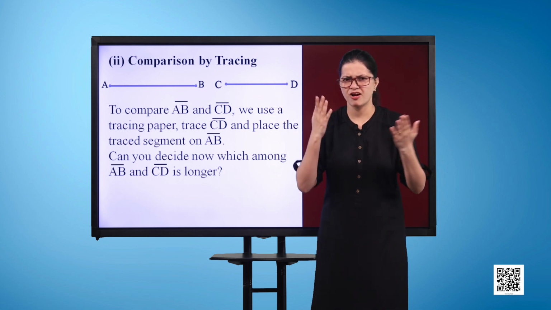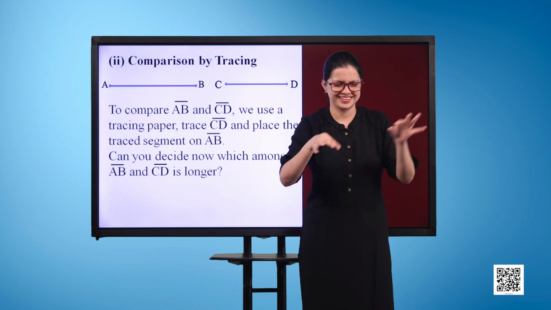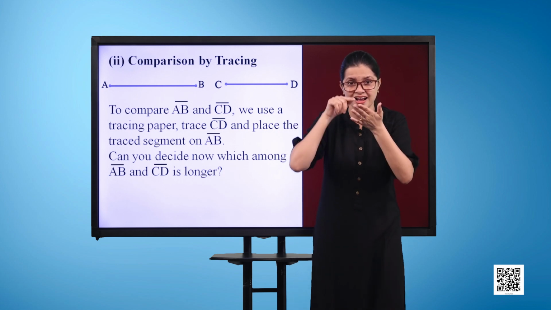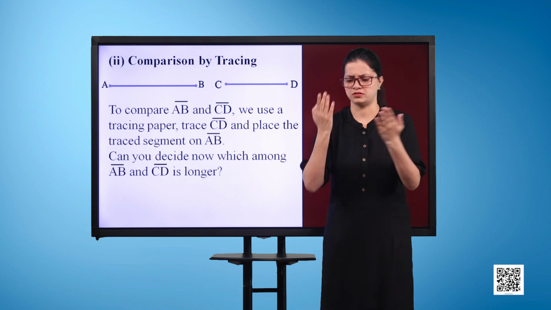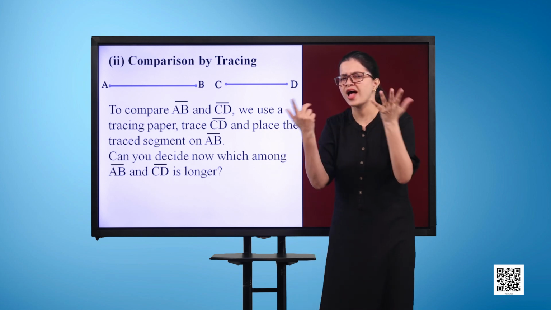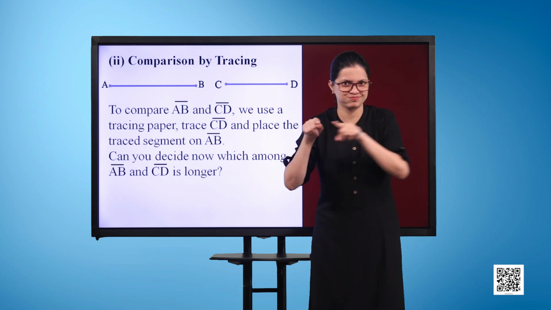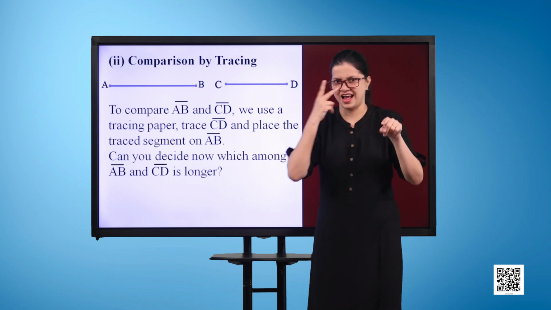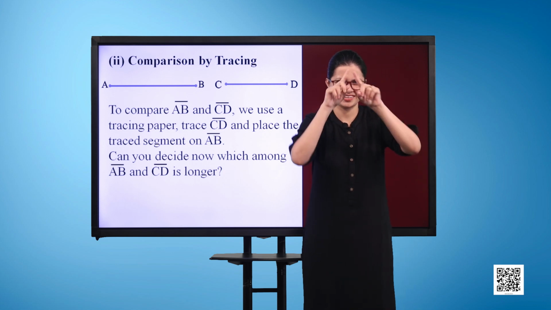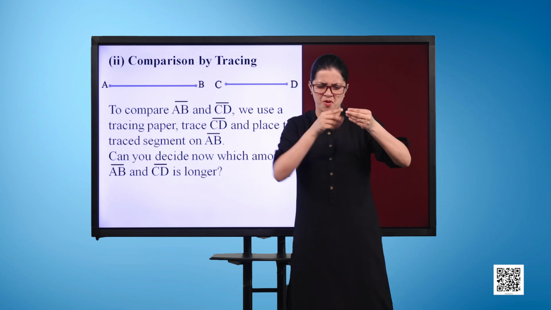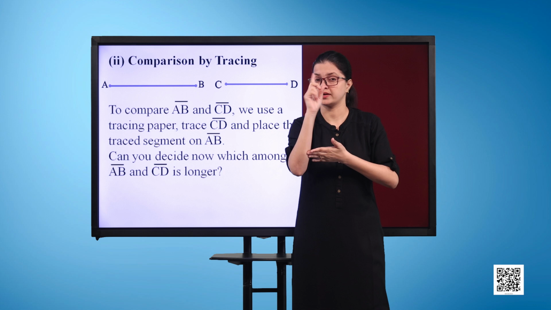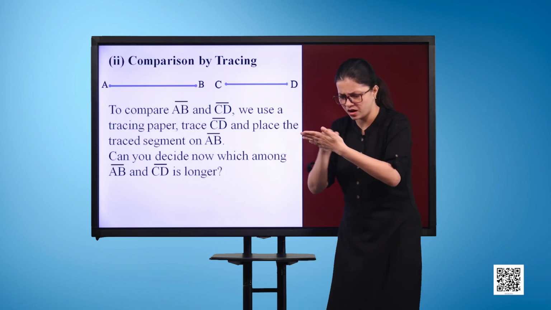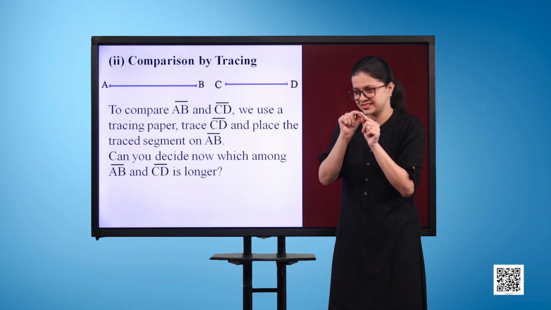(2) Comparison by tracing. To compare segments AB and CD, we use a tracing paper, trace segment CD and place the traced segment on segment AB.